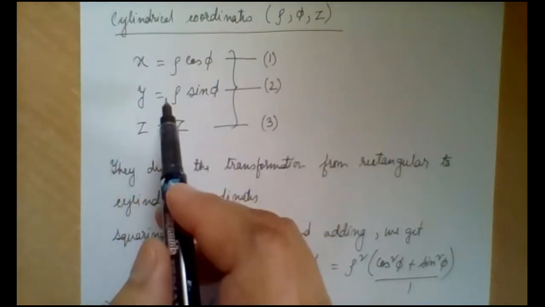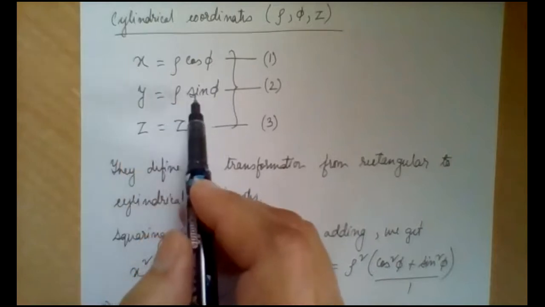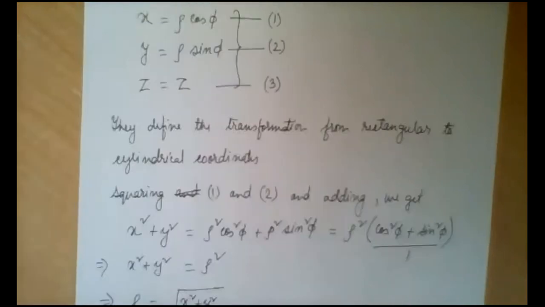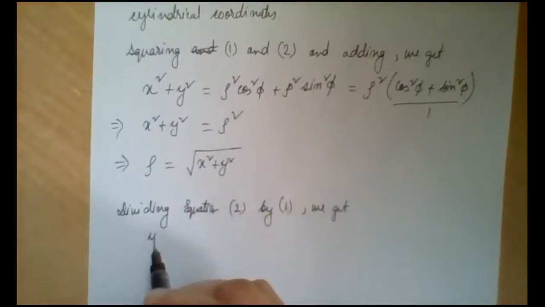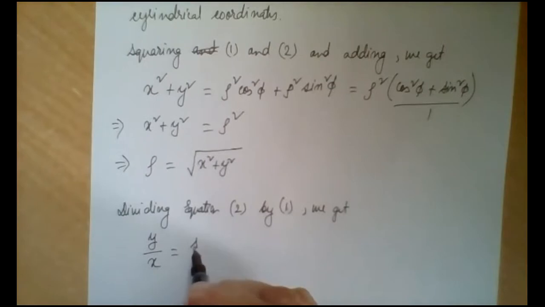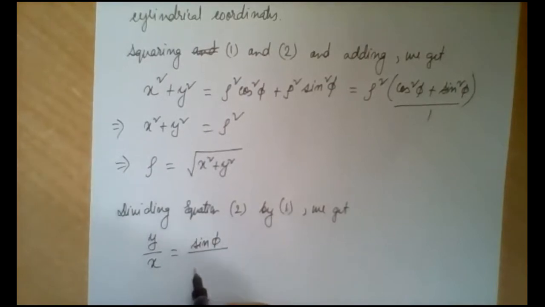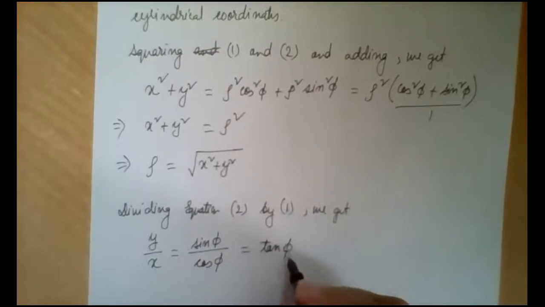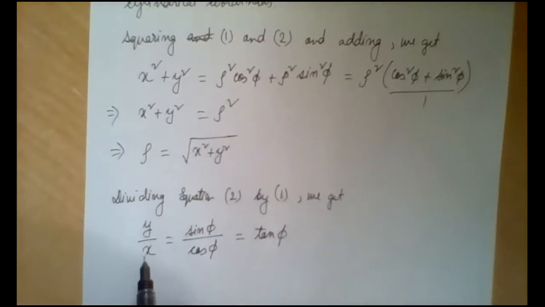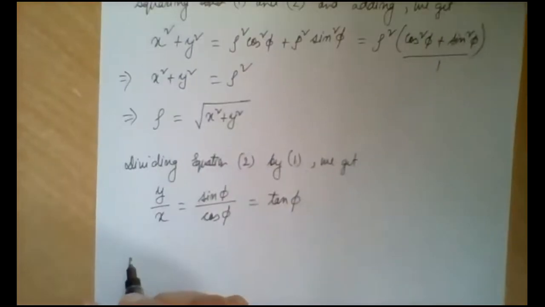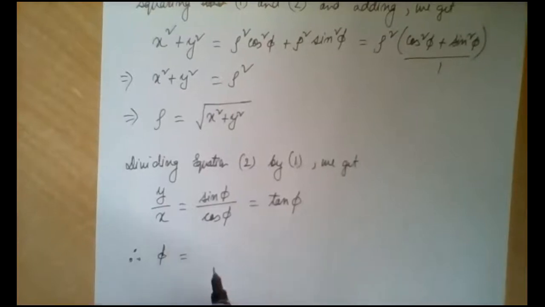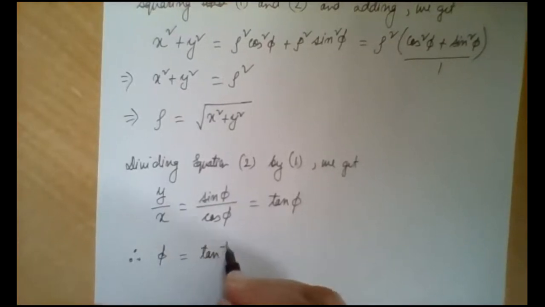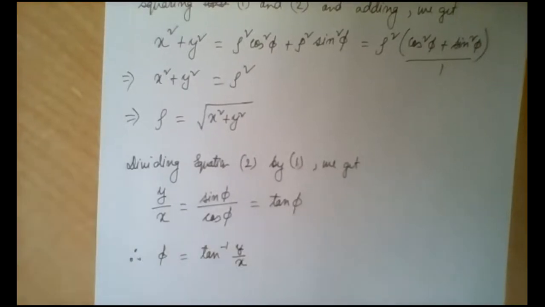So 2 divided by 1 will be y by x equal to sin phi by cos phi. Rho will cancel out. And sin phi by cos phi is tan phi. So y by x equal to tan phi. Therefore, phi is equal to tan inverse y by x. This is how rho and phi are expressed in terms of x and y.